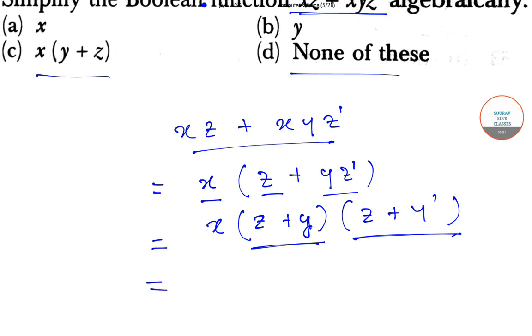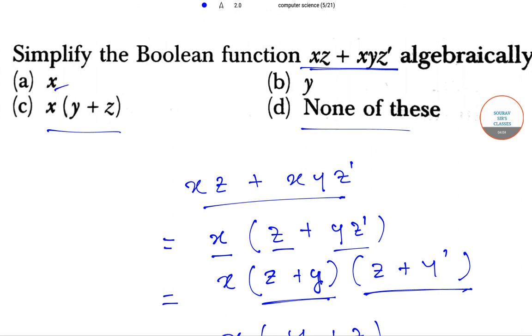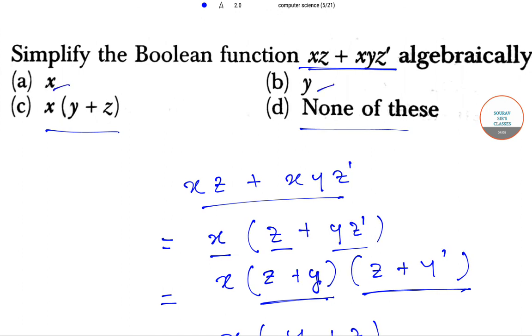So from here also we can write x whole into y plus z, and this is our answer. So here option A is x, option B is y, option C is x plus y, x whole into y plus z. So basically this is our correct answer for this question.